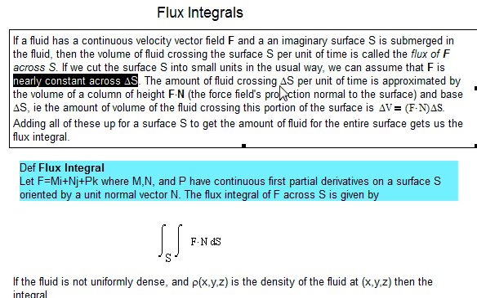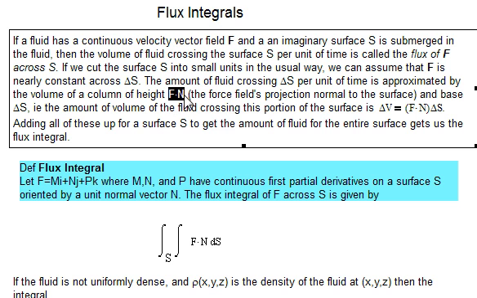And so the amount of fluid crossing del S per unit of time is approximated by the volume of a column of height F dot n. That would be the vector field, the force field, or whatever we've got, dotted with a unit vector normal to the surface.